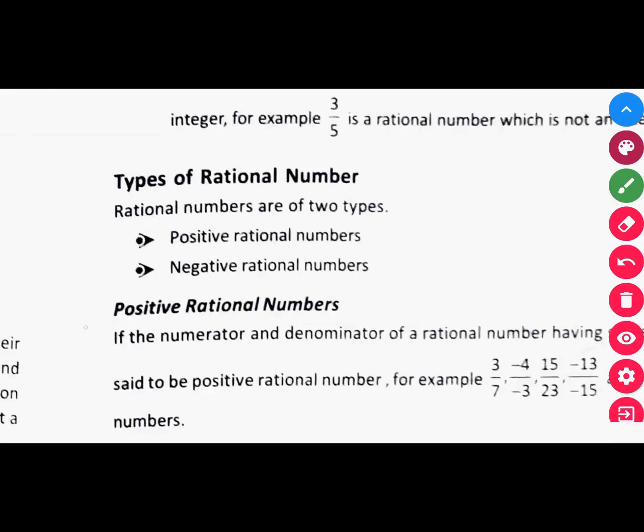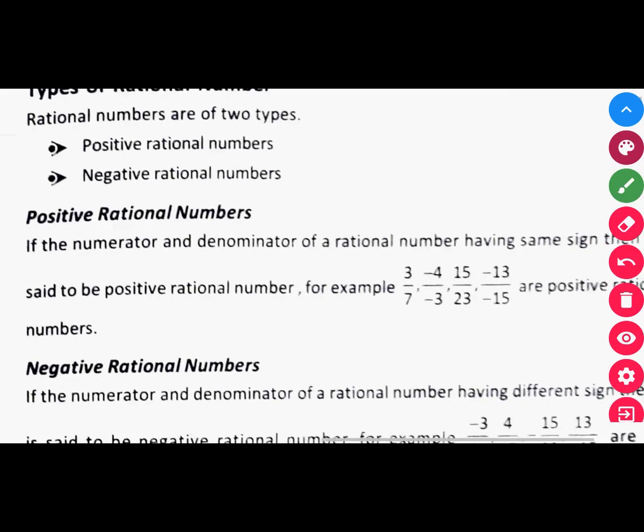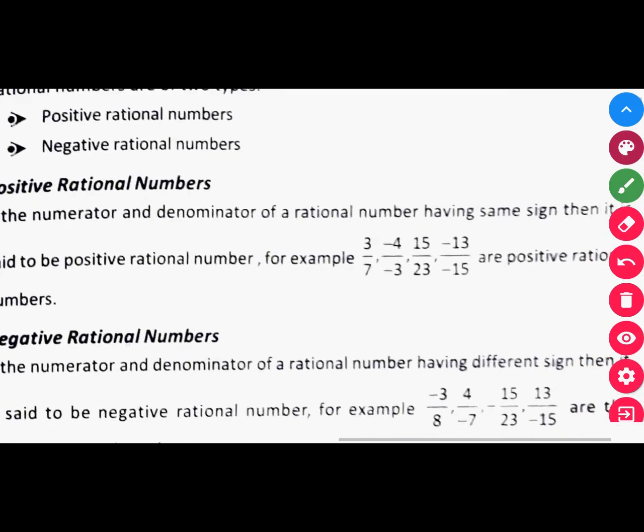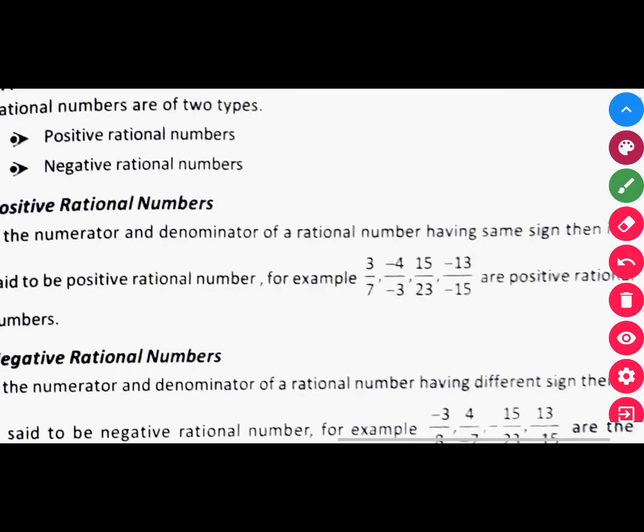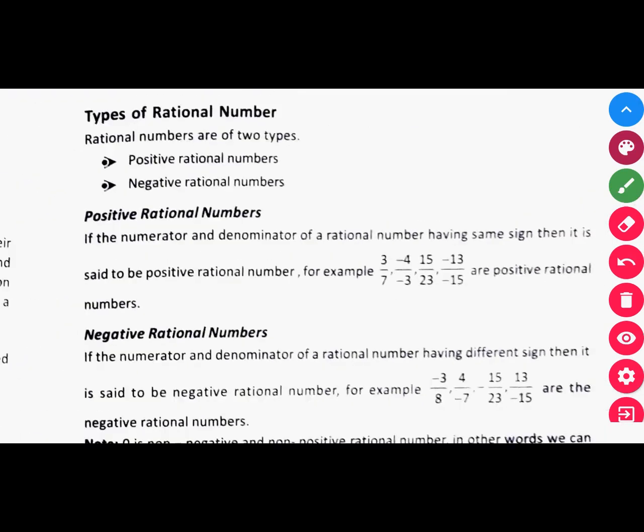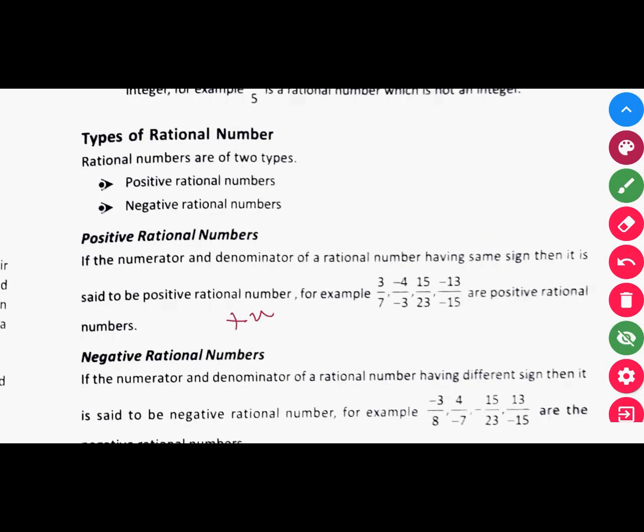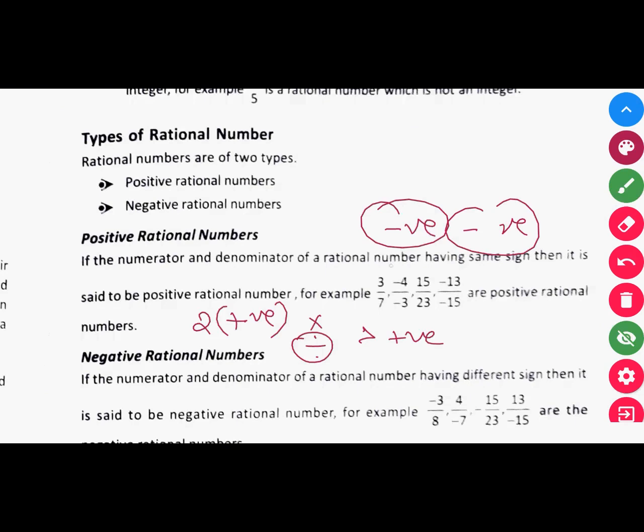What is meant by a positive rational number? If the numerator and denominator of the rational number have the same sign, okay, then it is a positive rational number. We know that in multiplication or division of two positive numbers, the result is always positive. Negative also gives the positive result.